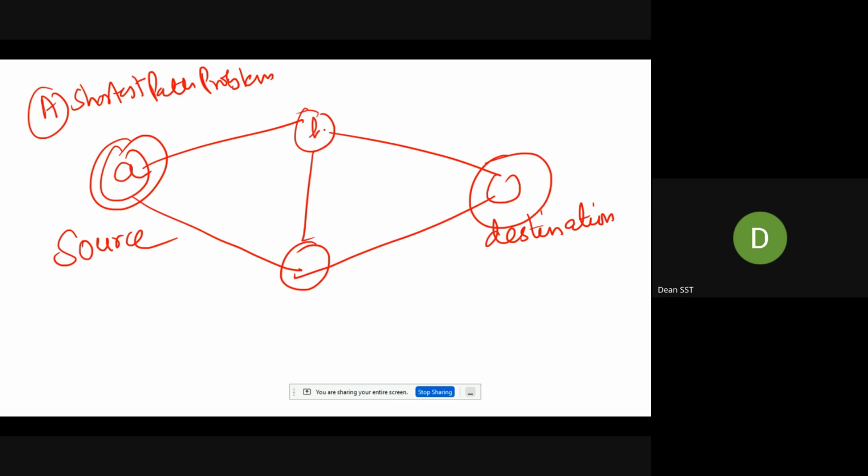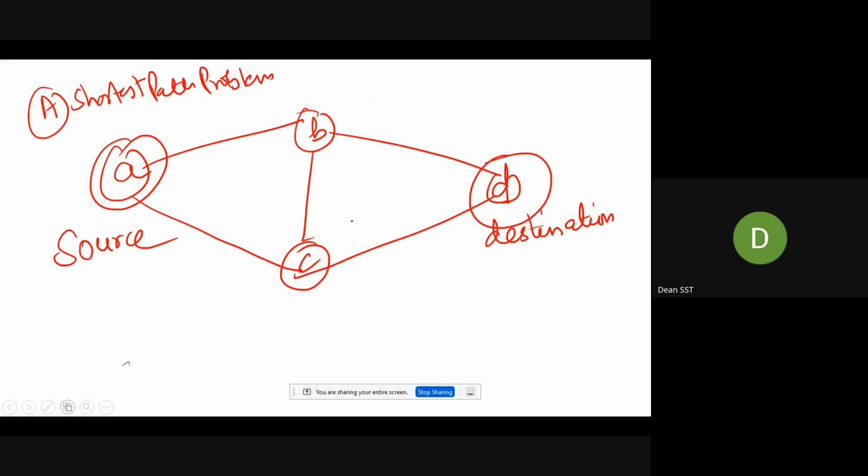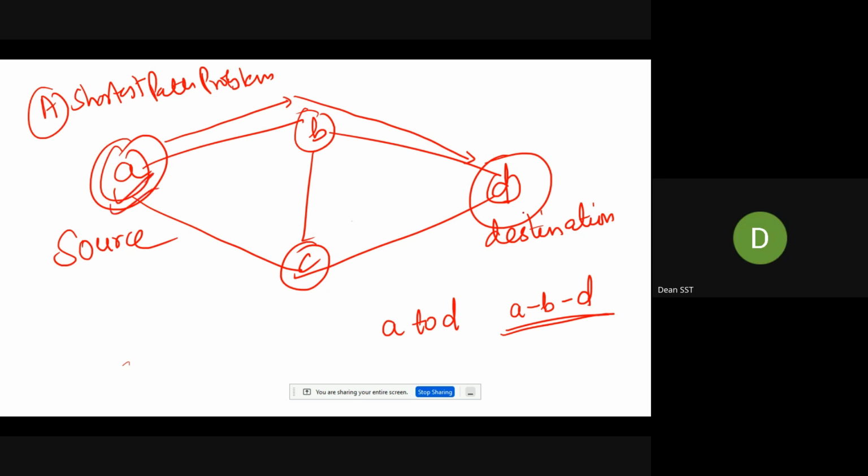These are nodes C and D. Now we have to find the shortest path. Suppose this one is the shortest path from A to D, and the path is A to B and B to D. Is it clear to everyone? Yes, ma'am.